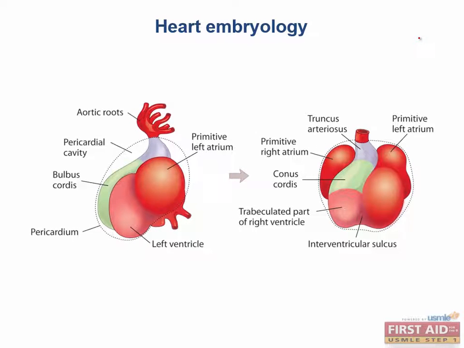Now next up, our book says that the bulbus cordis forms the smooth parts of the left and the right ventricular outflow tracts. That's easy to visualize here because the central part of the bulbus cordis becomes very conical in shape, hence the name conus cordis.